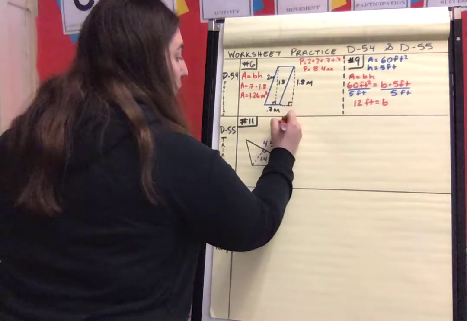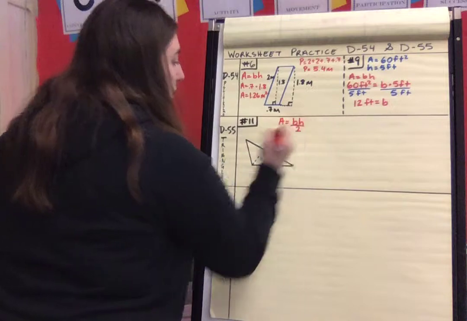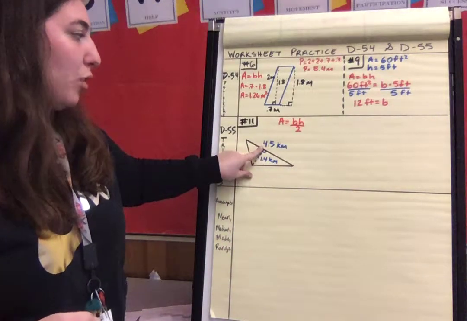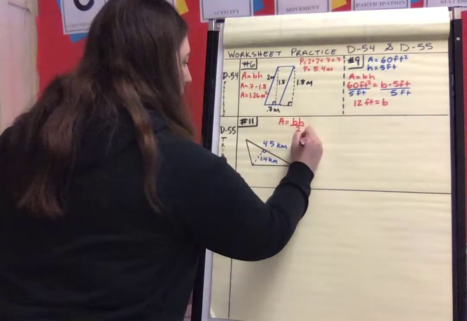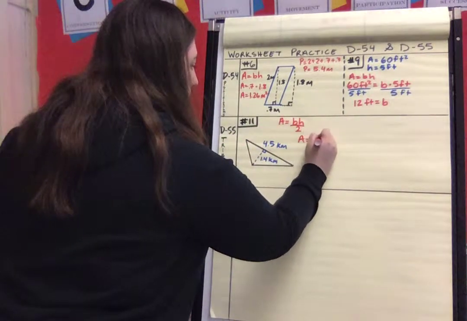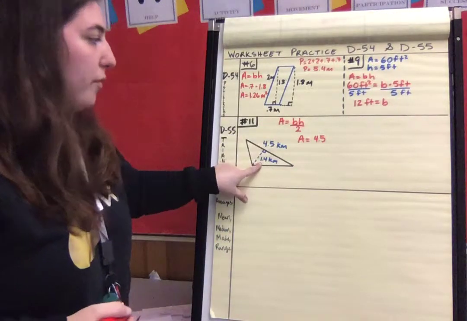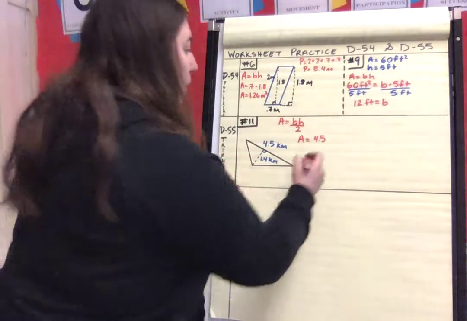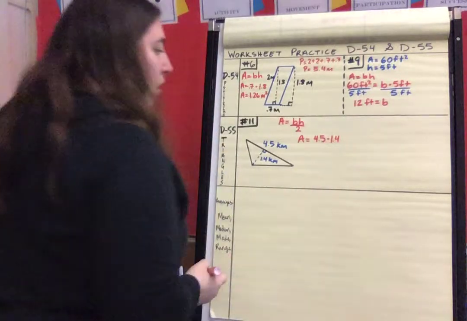So the formula for a triangle is area equals base times height over 2. So my base, 4.5, I'm going to replace the b with 4.5. Okay, and my height is 1.4, so I'm going to replace the h with 1.4.